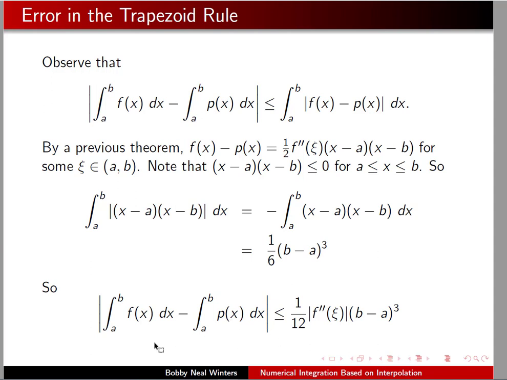And so our error is this right here. And so notice in particular, if our function was x or a constant function, if you take its derivative twice, it's 0. So this is saying the trapezoid rule is dead on accurate for constant functions and for linear functions. Okay.